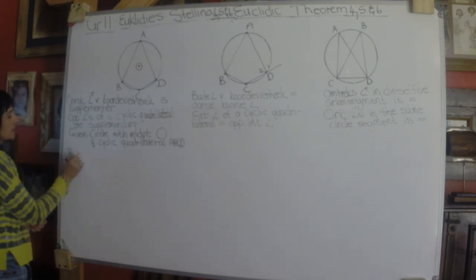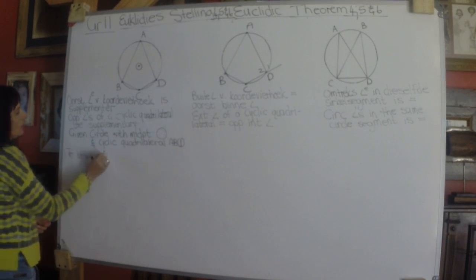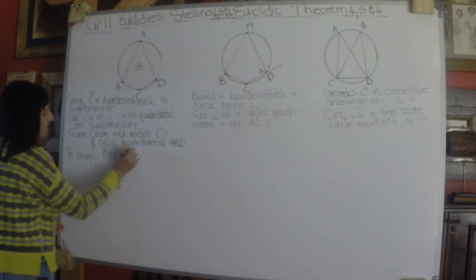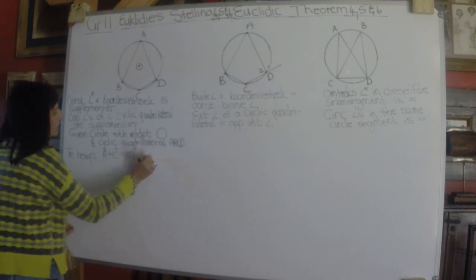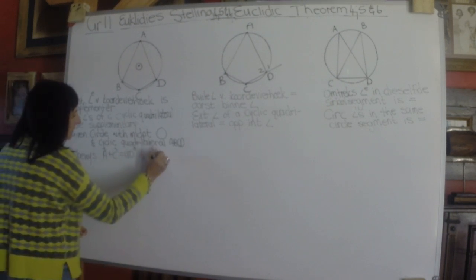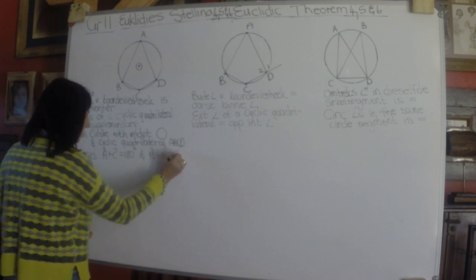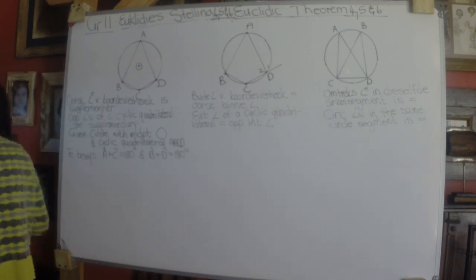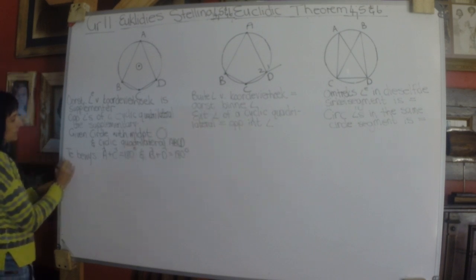Wat moet ons bewys? Ons moet bewys dat hoek A plus hoek C gelyk is aan 180 grade en hoek B plus hoek D moet gelyk wees aan 180 grade. Opposite angles supplementary. Okay, so now we're going to do the proof.